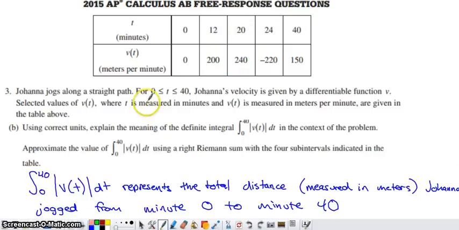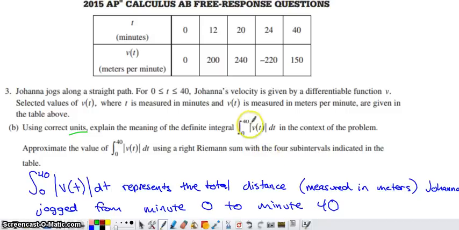In part B, it gives us this integral, and it wants us to use correct units and explain what this means within the context of the problem. Well, if this integral did not have absolute values around velocity, when you integrate velocity, your result is going to be a number that tells you how much position has changed.